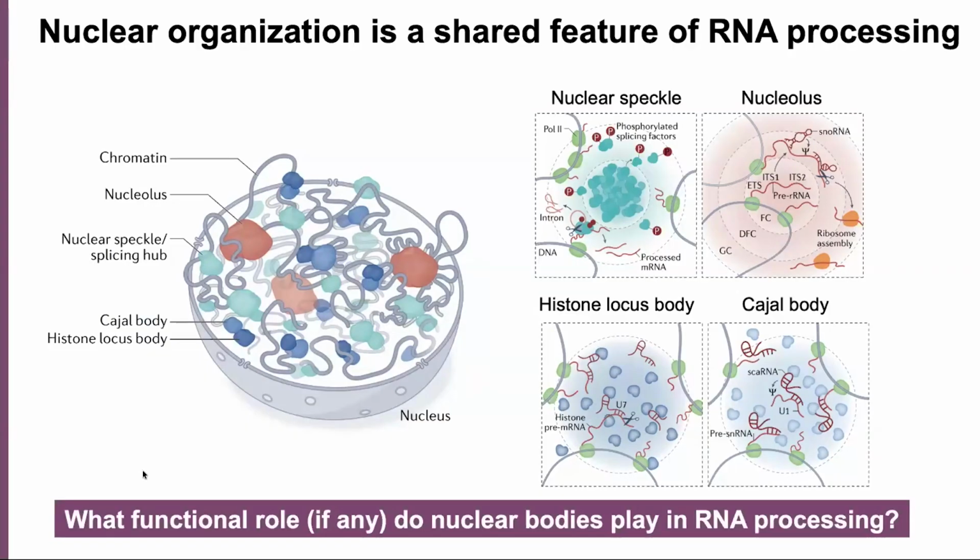That's associated with the nucleolus, Cajal bodies, histone locus bodies, and nuclear speckles. But what functional role, if any, these nuclear bodies play in RNA processing has been a long-standing mystery, in part because it's been very hard to disentangle the cause and effect of these processes organizing at these structures versus these structures being important for driving RNA processing.